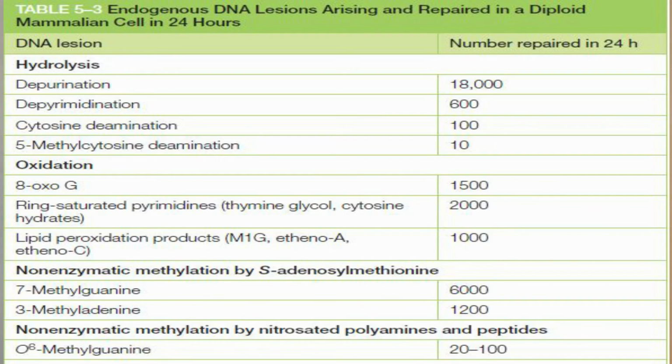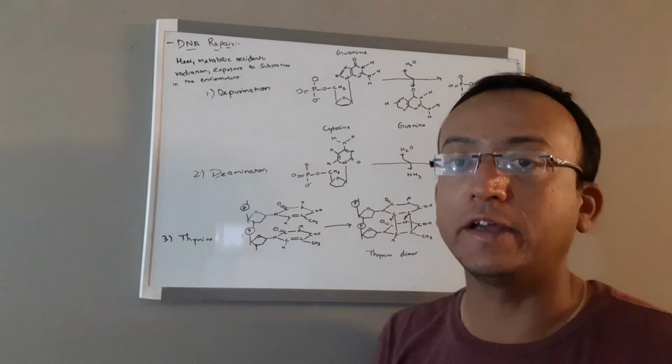There is also oxidation, and non-enzymatic methylation happens. These are all the DNA lesions, and it also shows the number of repairs in 24 hours. So this much has been repaired. For example, 18,000 are repaired every single day.